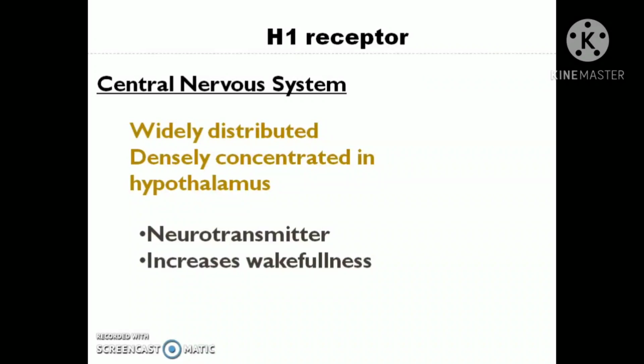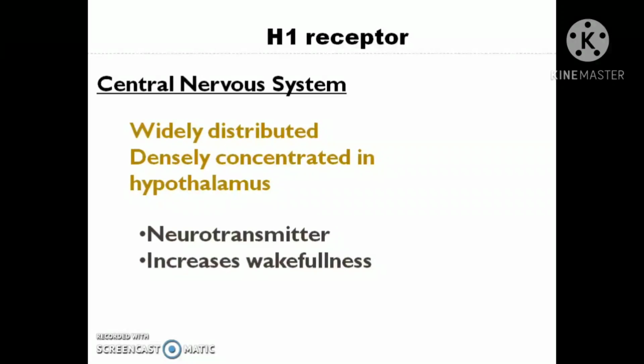H1 receptors are found throughout the central nervous system, and they are particularly densely concentrated in the hypothalamus. In the central nervous system, histamine acts as a neurotransmitter. They increase the wakefulness. So that is why when antihistamines are taken, sedation occurs as a side effect.